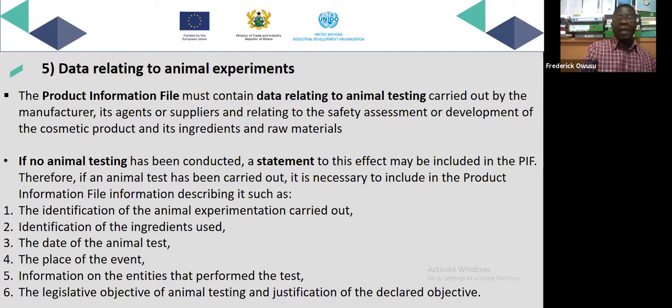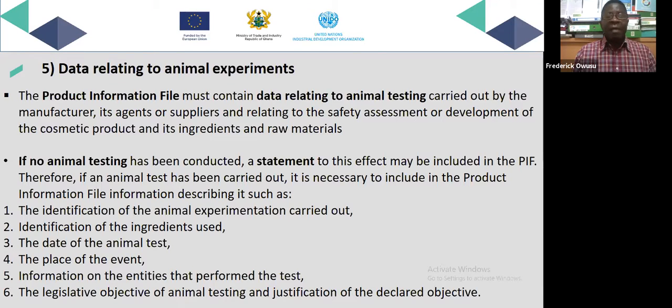If no animal testing has been conducted, a statement to this effect may be included in your PIF. Obviously, you should be able to justify why no animal testing was conducted, so that you can provide an appropriate statement to justify why it was not done, and therefore you state that in your PIF.